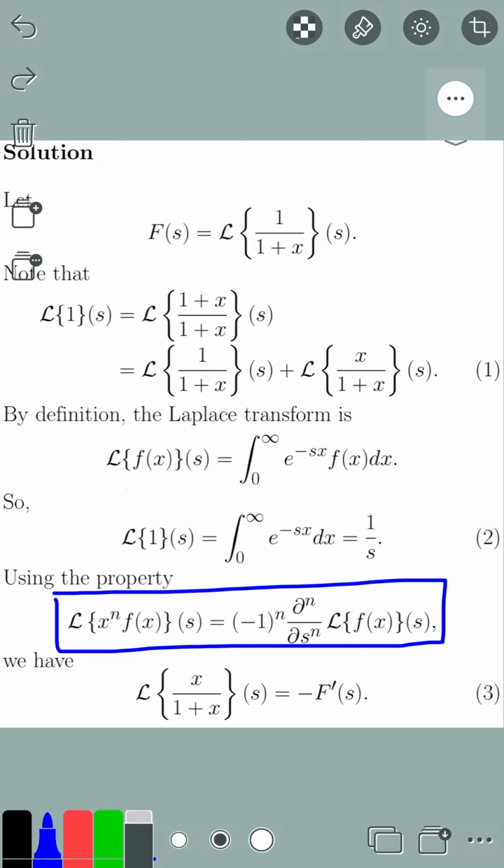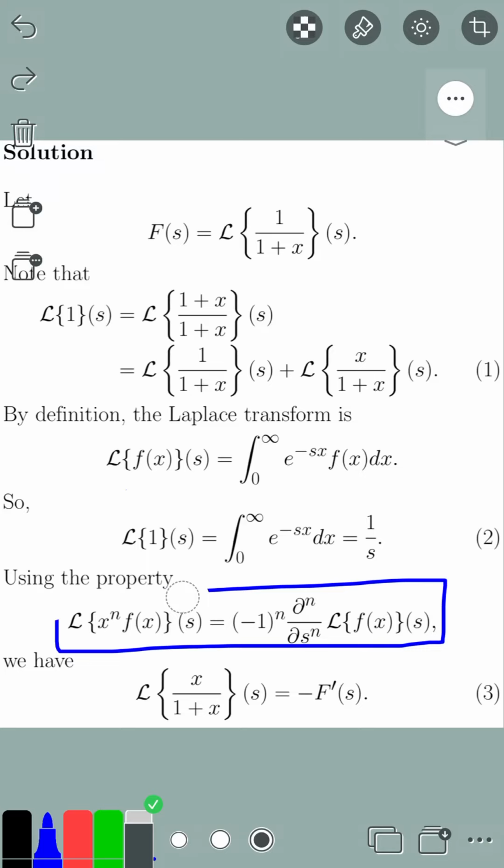The Laplace transform of x to the nth power times f(x) is equal to negative 1 to the nth power times the nth derivative with respect to s of the Laplace transform of f(x). That's the property that we're going to use.